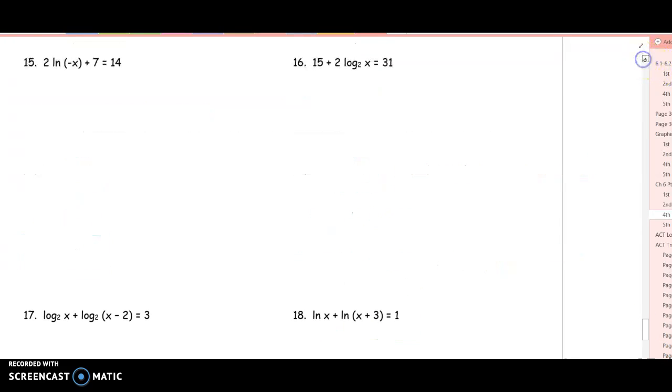On number 15, well, do you want to do 15 or 16? Which one do you want to do? Let's do 16 first. Okay, so on number 16, you need to isolate the log first. The first step is always to isolate the log. And that may involve adding or subtracting.